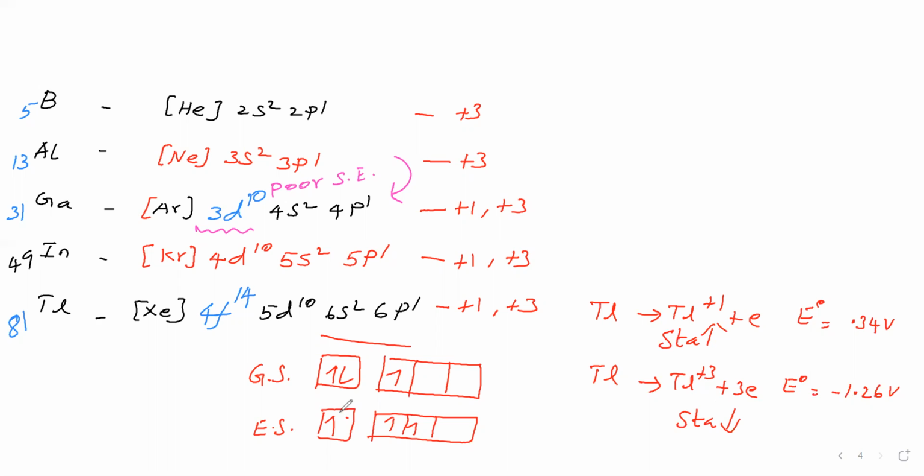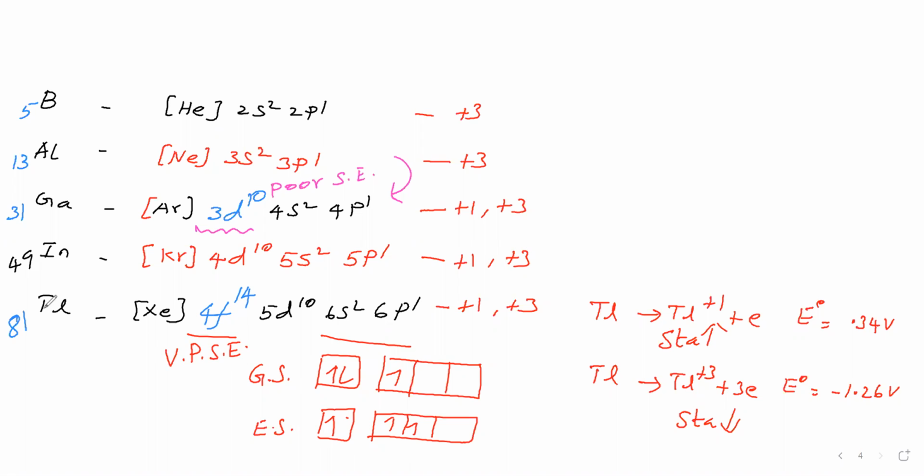Why is +3 stability less? Getting to the excited state from this ground state is difficult. Why is it difficult? Unpairing the 6s electron is difficult because 4f14 has a very poor screening effect.